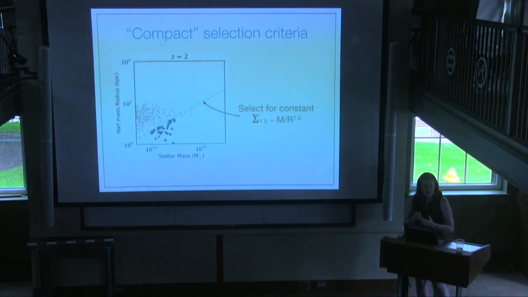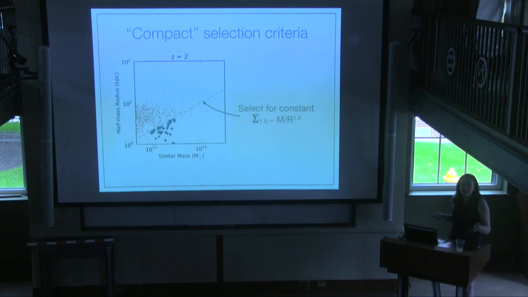So the nice thing about the simulation is that you can just go straight to redshift 2 and ask, are there galaxies in the simulation that are similar to the ones that we observe? So here is a scatter plot of stellar mass on the x-axis against stellar half-mass radius on the y-axis of all of the galaxies in the simulation above a few times 10 to the 10 solar masses at redshift 2.